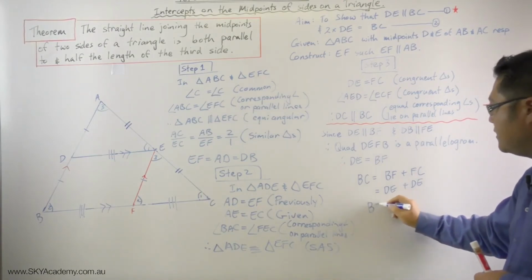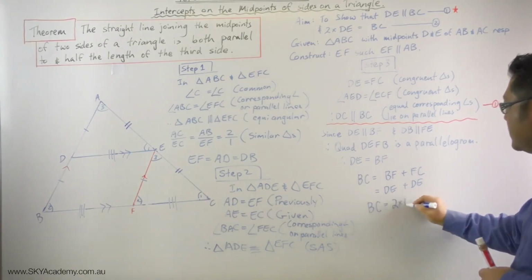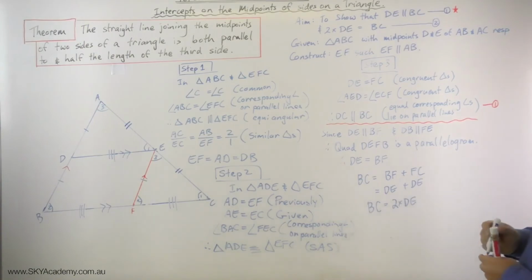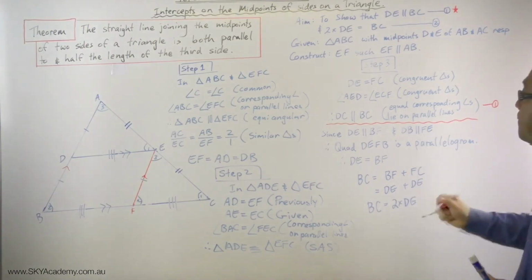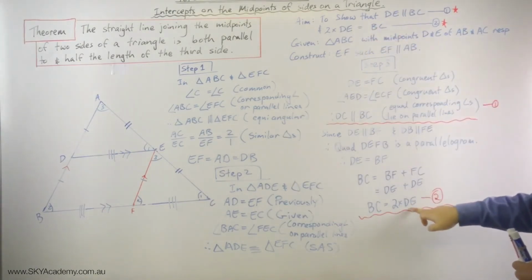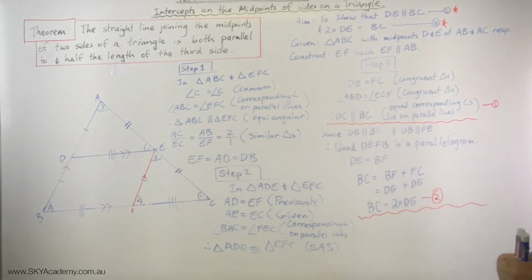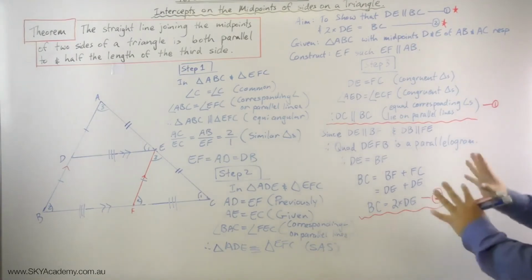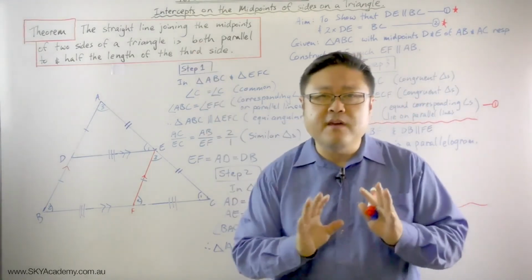So BC is equal to 2 lots of DE, which is basically premise 2 proven. See? Good. Okay. So that is a proof of this particular theorem here.